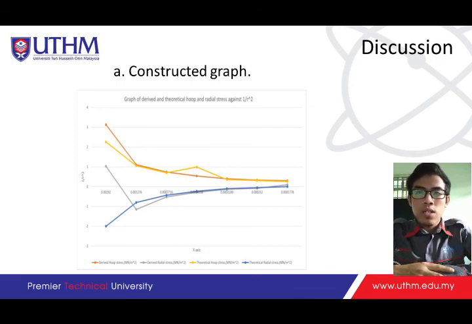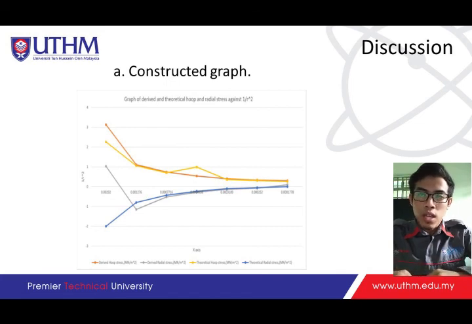And for the theoretical and derived radius stress, we can see there is some difference which is quite significant in the plotted graph. We can see the line fluctuates, and sometimes the values are not the same.